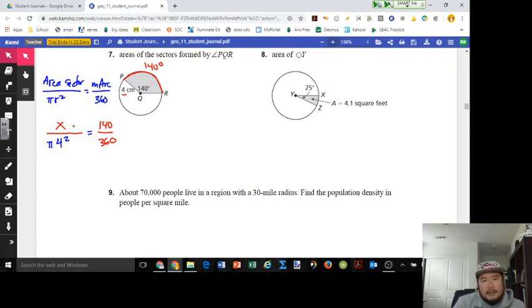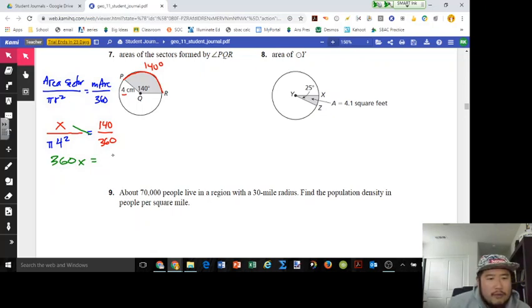So we multiply this way, we end up with 360x. And then use your calculator, you got 140 times 16. And I would try to, once again, not deal and mess with pi until the very end of your calculations here so that you don't have to be rounding and dealing with long numbers.